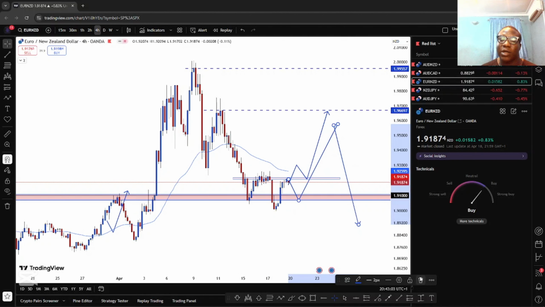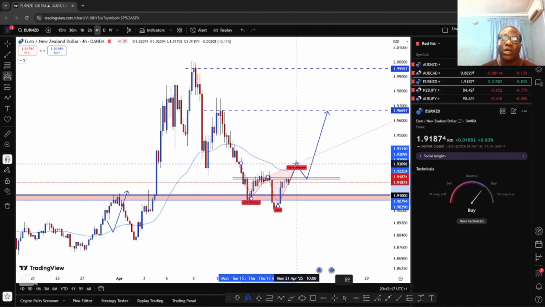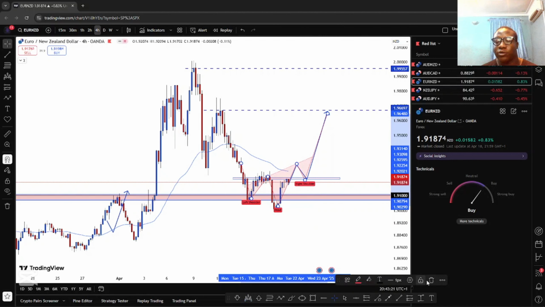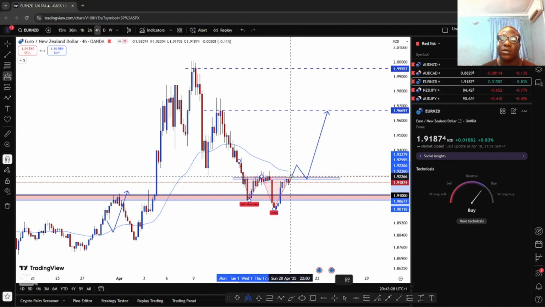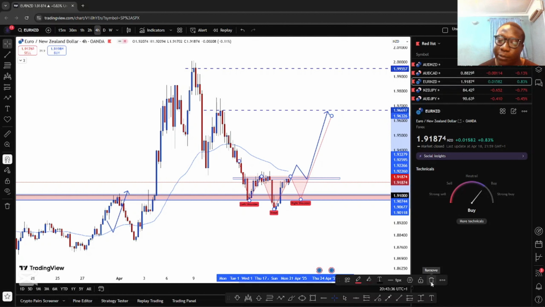Nevertheless, you will notice that in either situation the market is creating our head and shoulders pattern, which indicates a strong reversal in the market. And even if we have the second situation, we see the market creating our head and shoulders pattern, which is very, very important.